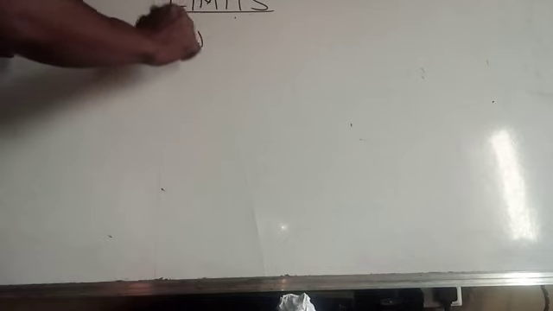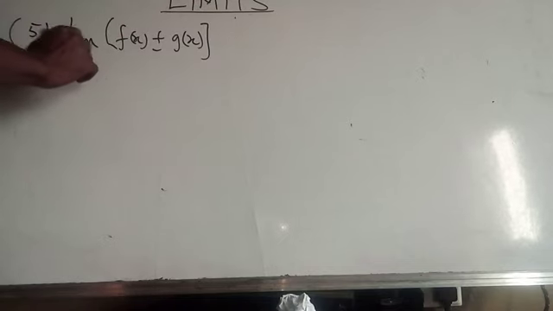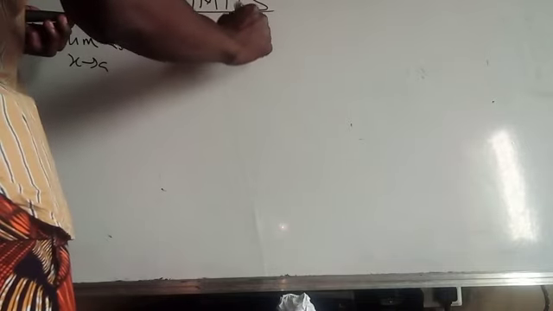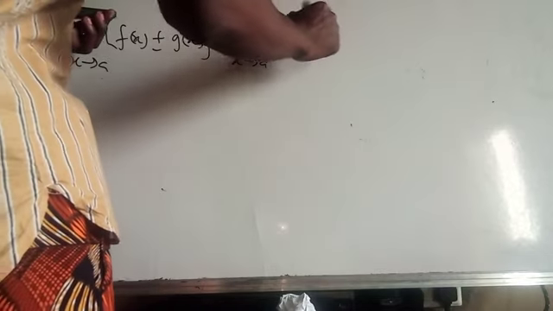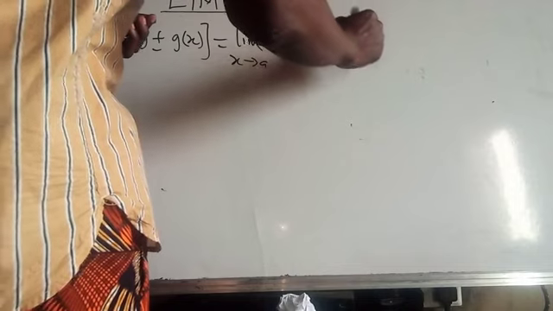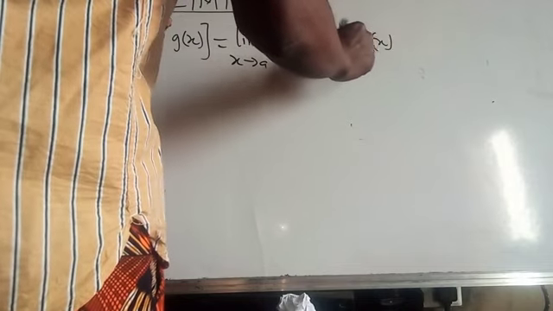That's number 5. The limit of a function f of x plus or minus g of x as x tends to a. You break it as the limit of f of x as x tends to a plus or minus the limit of g of x as x tends to a.